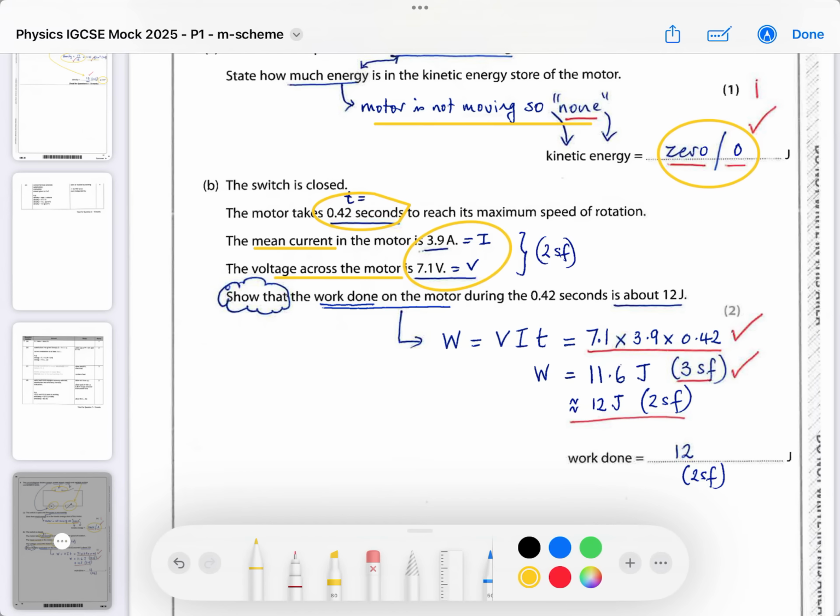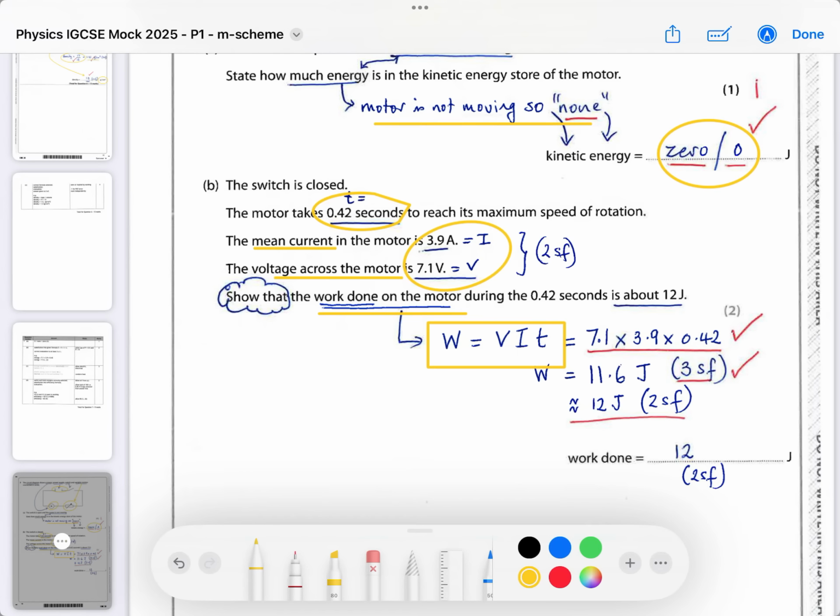that when you work out the work done by the motor, now work done by the motor is called electrical energy transfer. So work done by electricity is not force times distance, for those of you who got confused by the term work done. Electrical work is work done, not force times distance, but it's voltage times current times time.